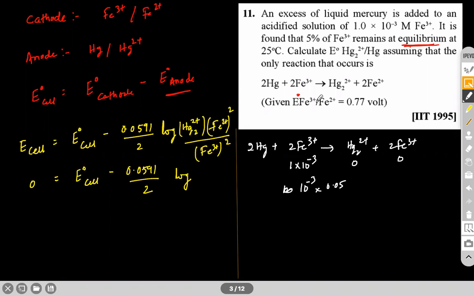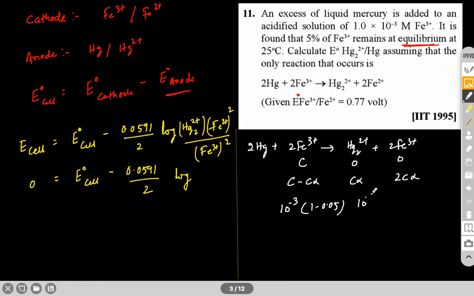Alpha is this, right? C minus C alpha we can write. Suppose if I write down the general term, probably that will be easy for you to understand. If it is C initially and C value is given, so it is C minus C alpha. This will be C alpha. This will be 2C alpha. What is C alpha? C is 10 to the power minus 3 into 1 minus alpha. Alpha is 5%, so it is 1 minus 0.05.